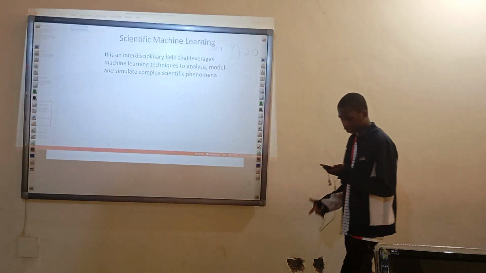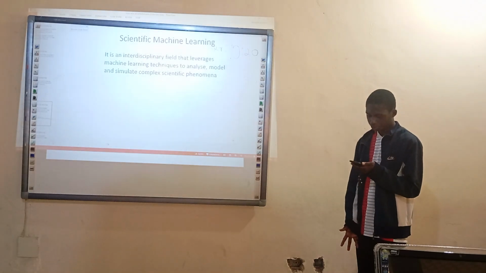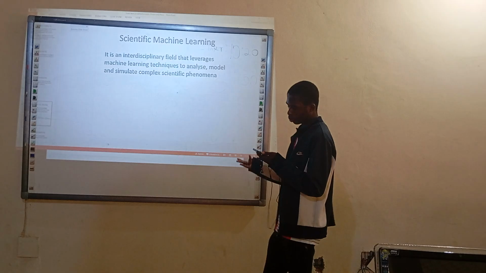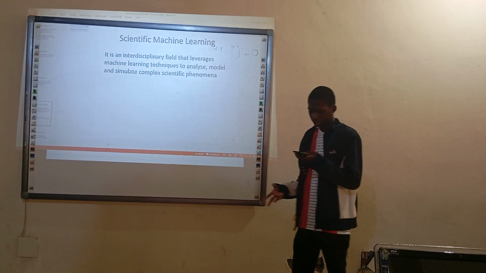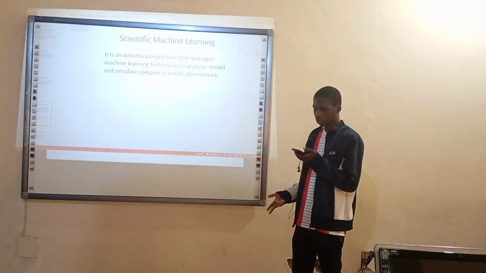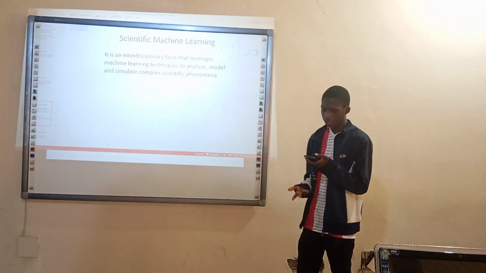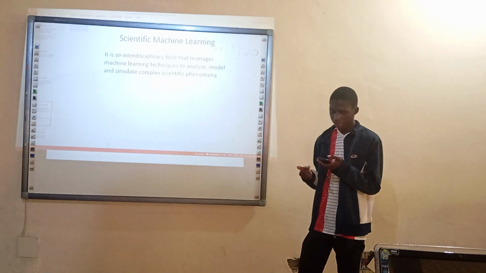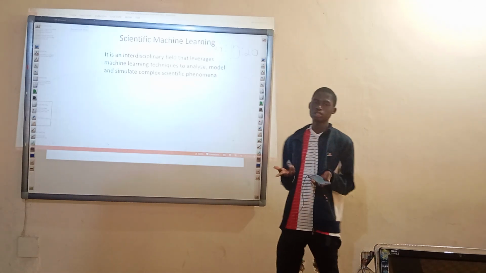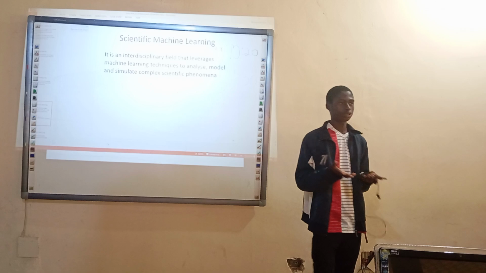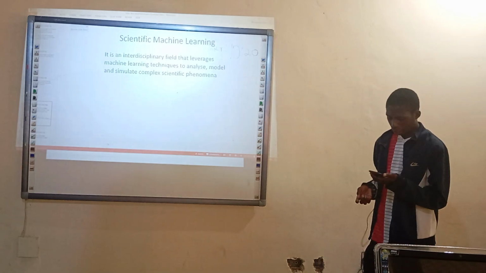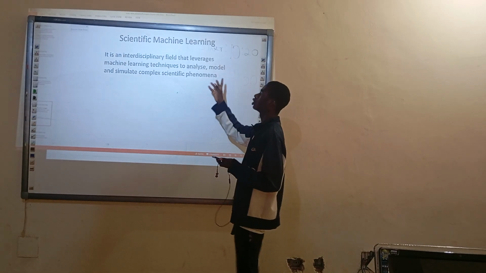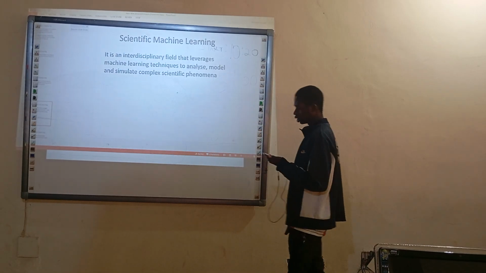Then uncertainty quantification, quantifying uncertainty in ML predictions, and data quality, ensuring high quality, relevant data for ML models. Scalability: scaling ML algorithms to large, complex scientific problems. One thing we saw as a disadvantage of serial coding was this scalability, and it's also here again as another limitation or challenge of scientific machine learning.